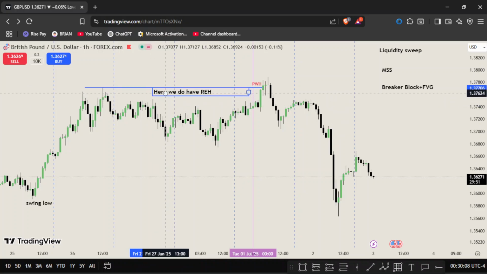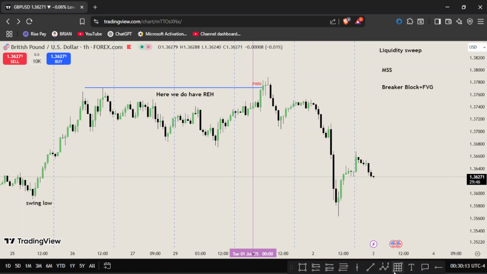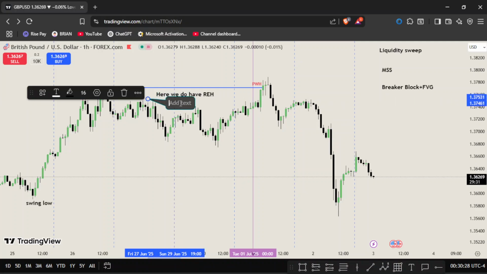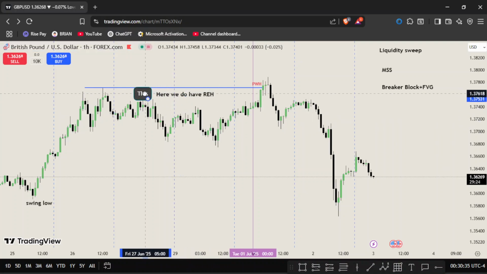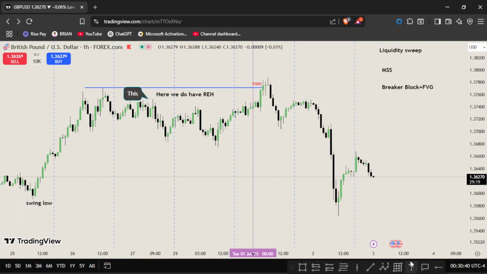How are you able to identify relatively equal highs? I'll showcase by drawing something. Let me do this. We have this, we have this other high.